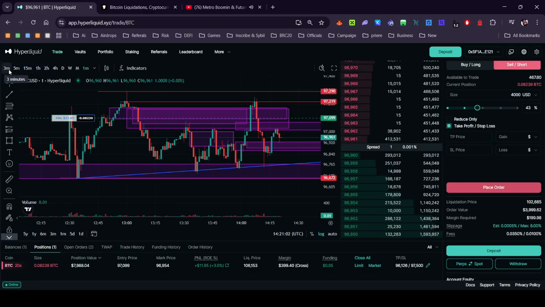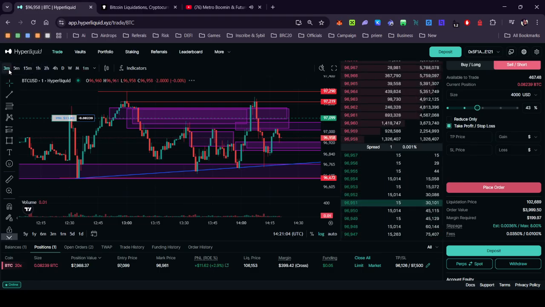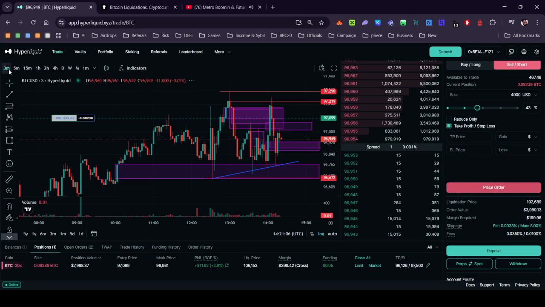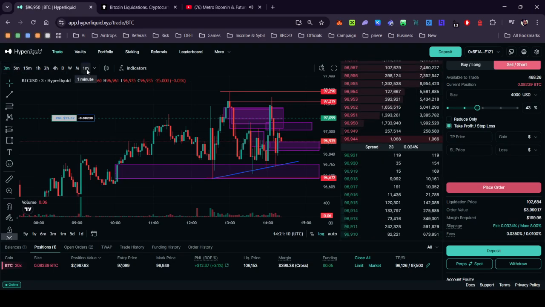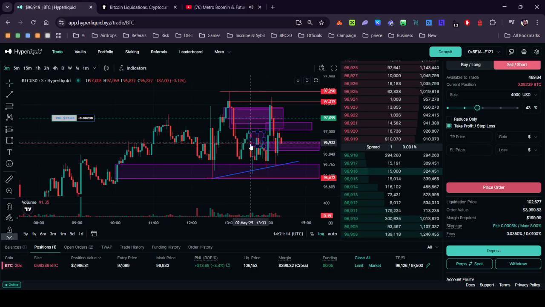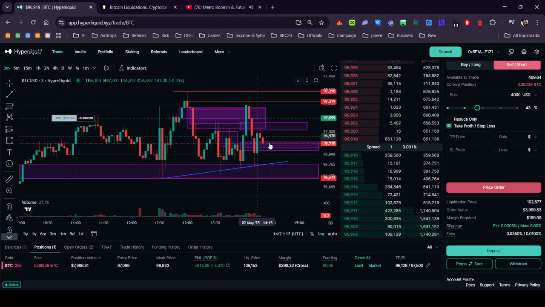Closing above the fair value gap again. Inverted fair value gap. Support level all around these prices.